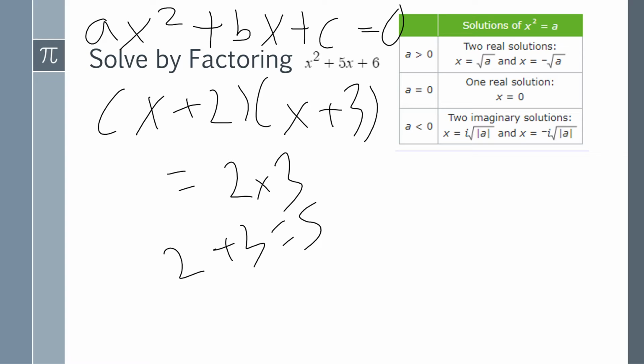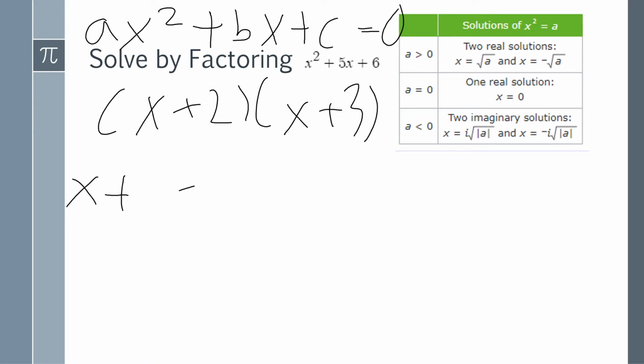Now, let me erase. Now, when you solve these equations, all you have to do is do this thing that we call set them to 0. To set to 0, you get x plus 2 equals 0. x plus 3 equals 0.